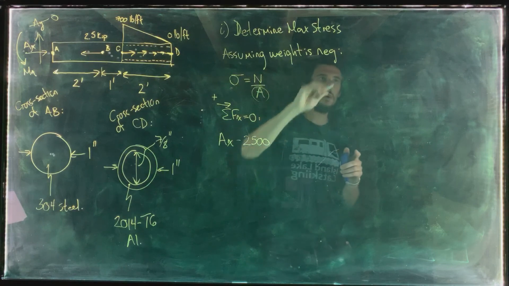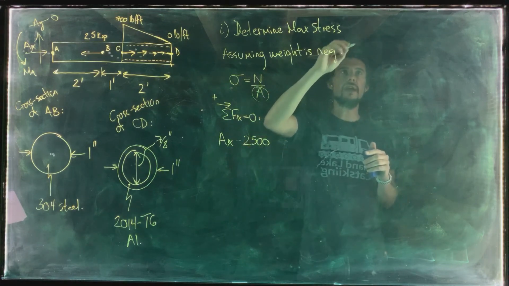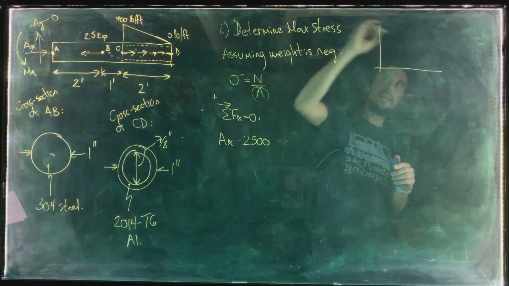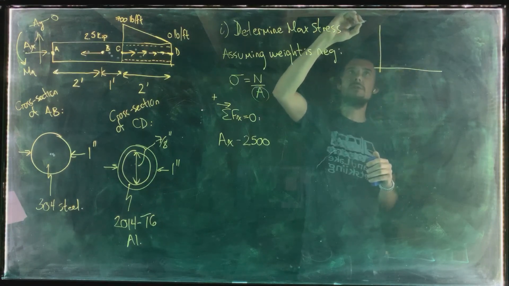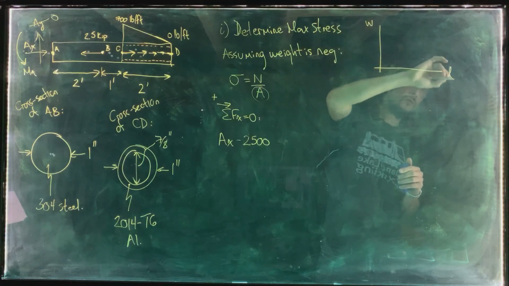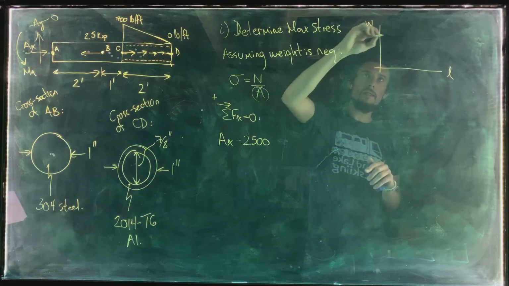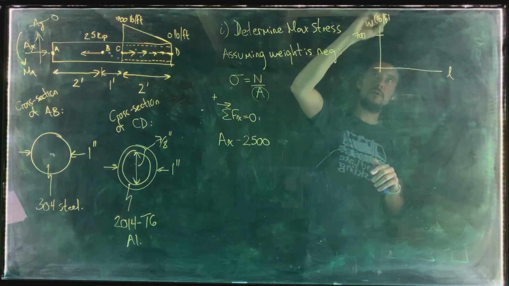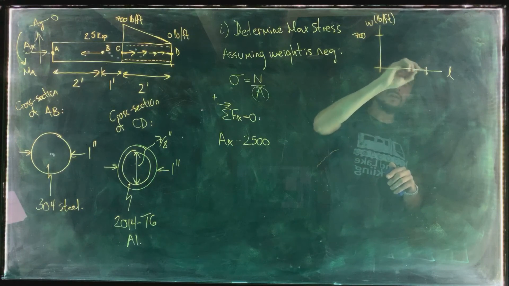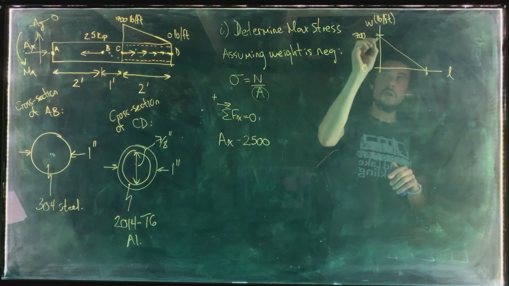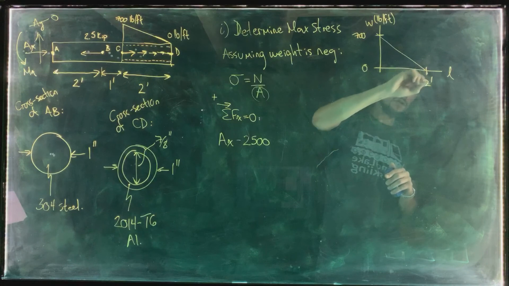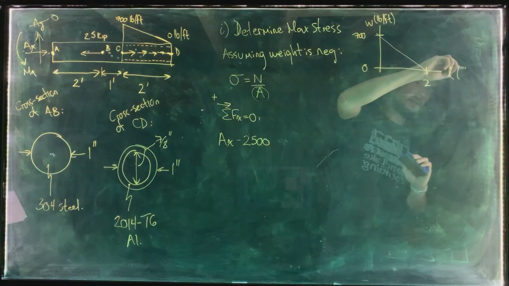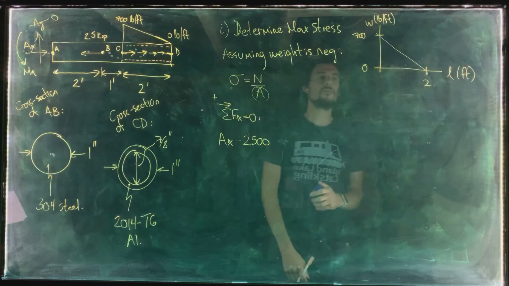So if we were representing that distributed axial load on a graph of distributed load little w over length L, then this load starts at 700, in units of pounds per foot, and decreases to a value of 0 over a length of 2 feet. So this is in units of feet there.